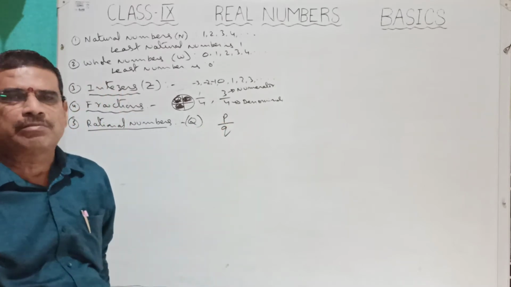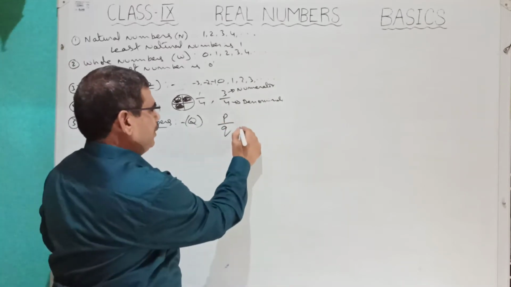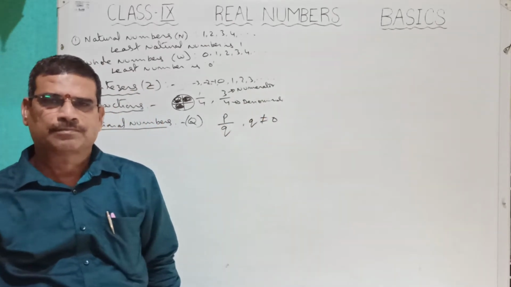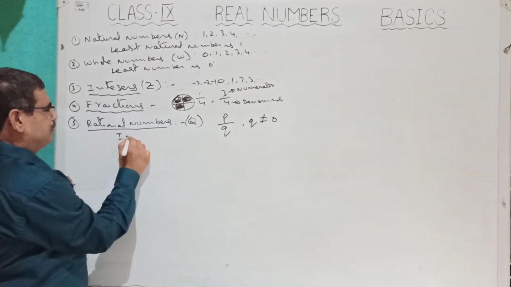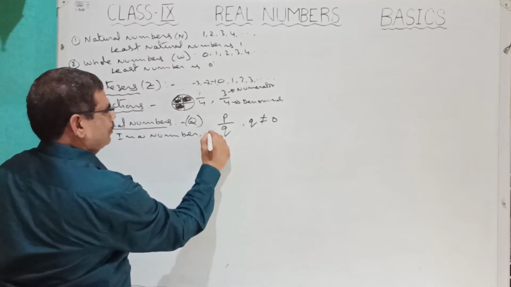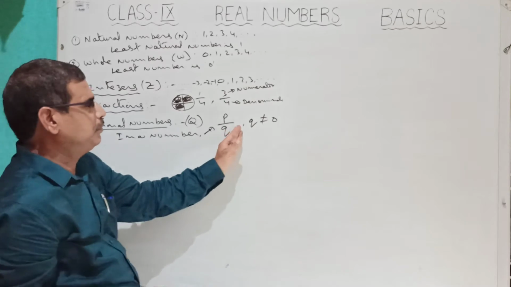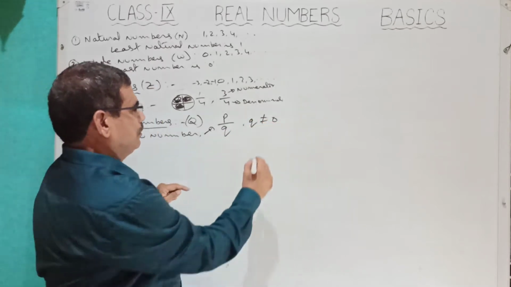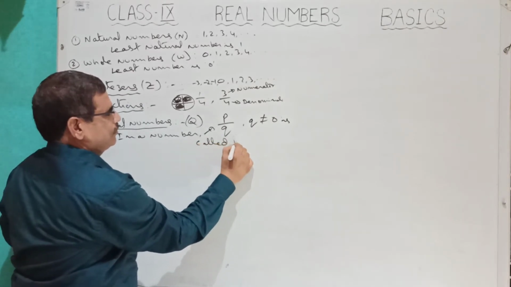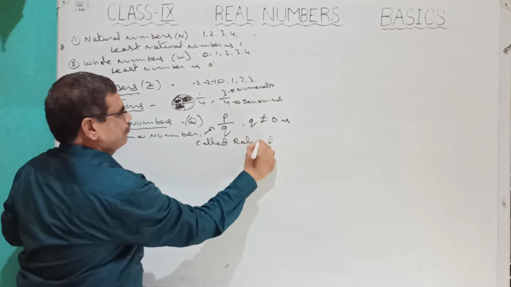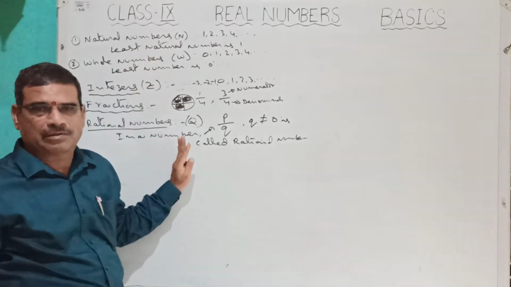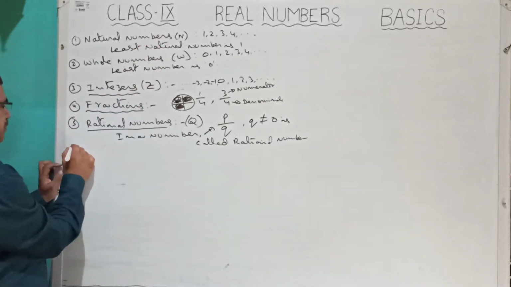If the number is in the form of p by q, where q is not equal to 0, then it is called a rational number. Next one, decimals.